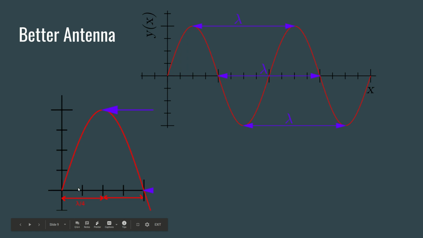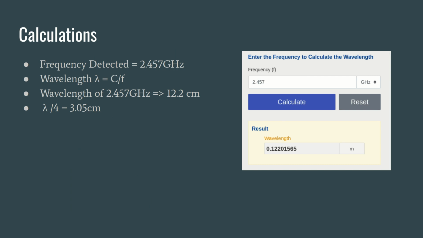As we can see on the screen, the signal reaches the highest point at lambda by 4. That means the antenna should be of length a quarter of the wavelength. So coming to the design calculations, the microwave is using a frequency of 2.457 gigahertz as per the detection.